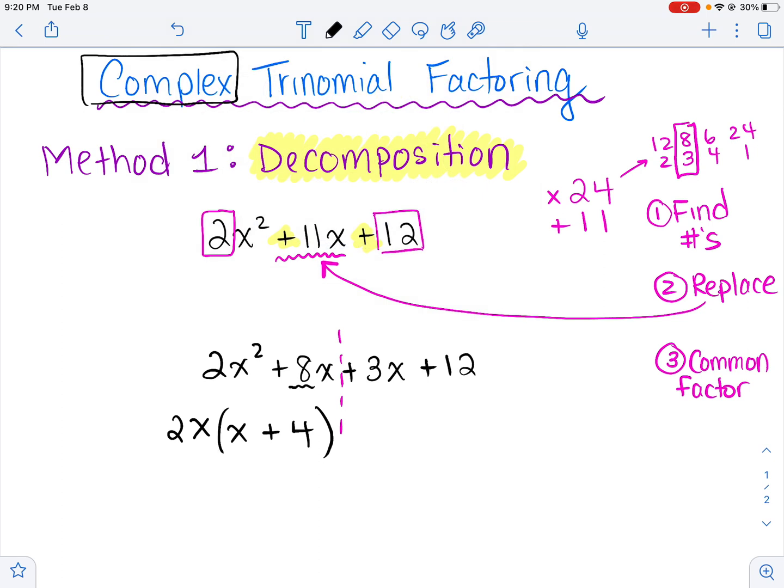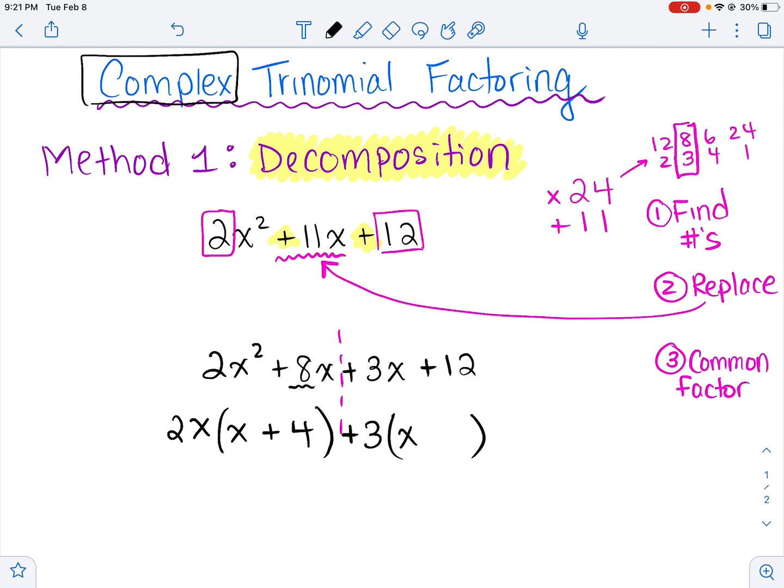All right, now we common factor the second half. We look at the 3x and the 12, and we think, what could I factor out of 3x and 12? They don't have an x in common, but they are both divisible by 3. So I'm going to write down a plus 3. What do I have left after I factor out a 3 from 3x?